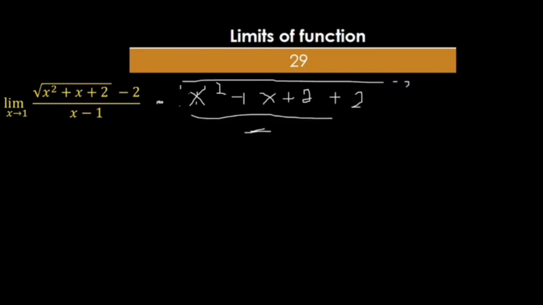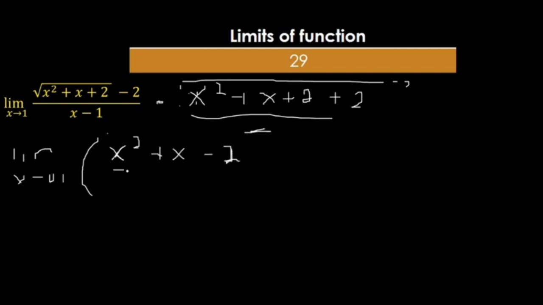That is equal to, we have the limit as x tends to 1 of what? When you simplify the numerator, we have x squared plus x plus 2 minus 4, and then here you have minus 2.